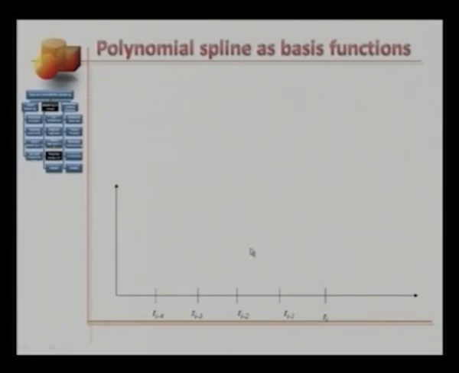Anyhow, coming back to our discussion, we have introduced another knot and therefore another knot span. So now we have 4 knot spans. Ti minus 4 to Ti minus 3 is 1, Ti minus 3 to Ti minus 2 is the second, Ti minus 2 to Ti minus 1 the third, and Ti minus 1 to Ti the fourth.